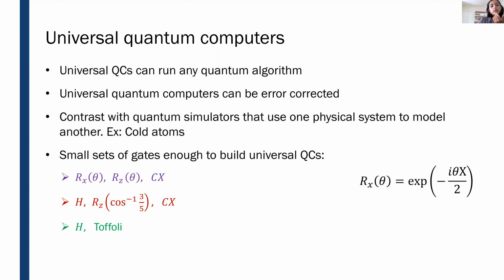Here's another example: the Hadamard gate along with the Toffoli gate. The Toffoli gate is basically a double control NOT. That's universal for quantum computing. And that's quite interesting, because if you just have the Toffoli gate, that's universal for classical computing. But if you also add in a Hadamard gate, that becomes universal for quantum computing. So I think that's a cool result.